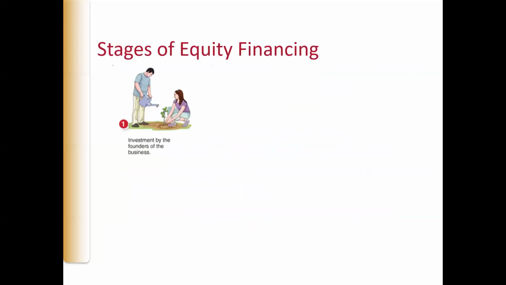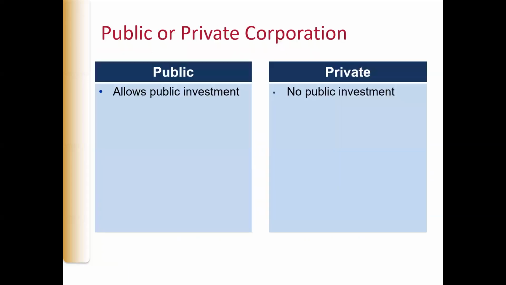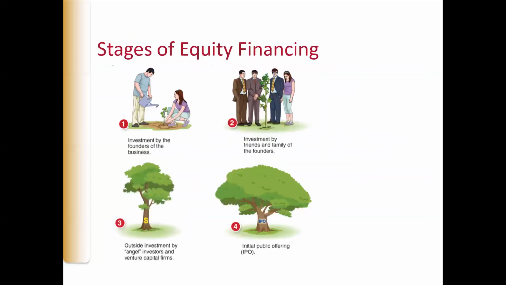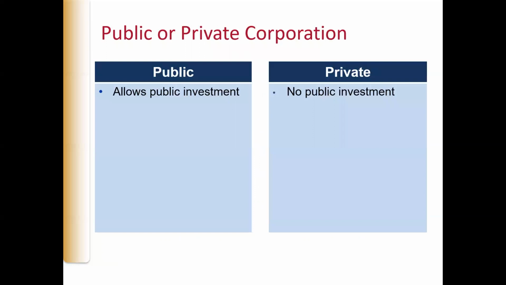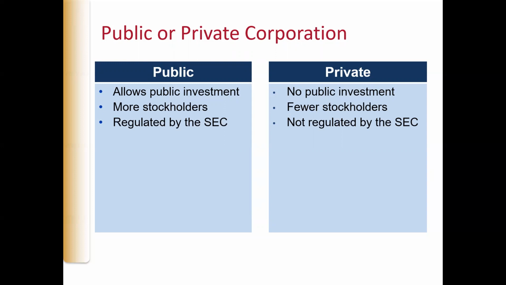So, you see, initially companies begin, they grow, they need more money to grow bigger, which is why they end up going public and issuing shares to the public. Now, there are public corporations and there are private corporations.